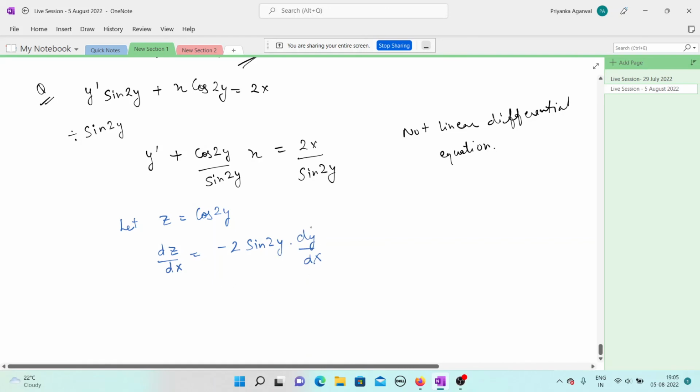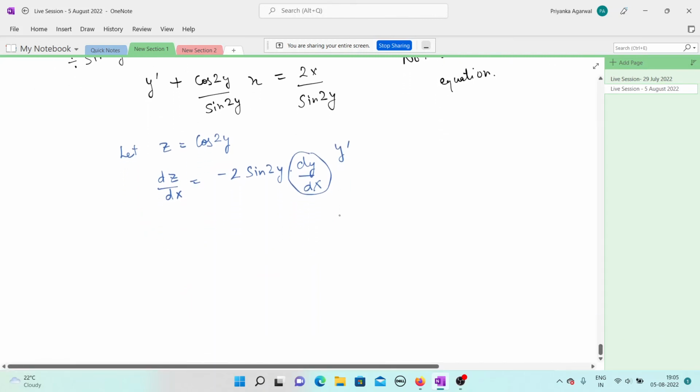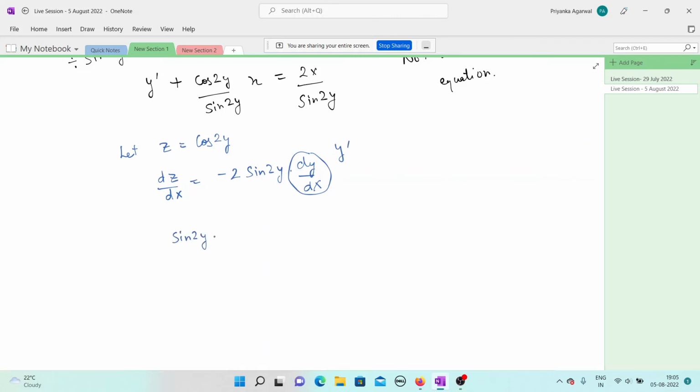So dy by dx can be written as y prime. So this will become sin 2y y prime equals minus 1 by 2 dz over dx.